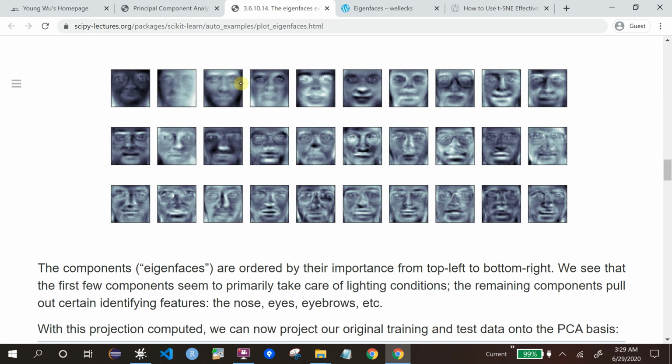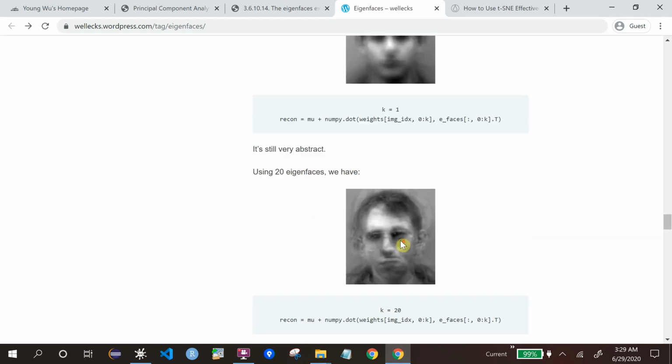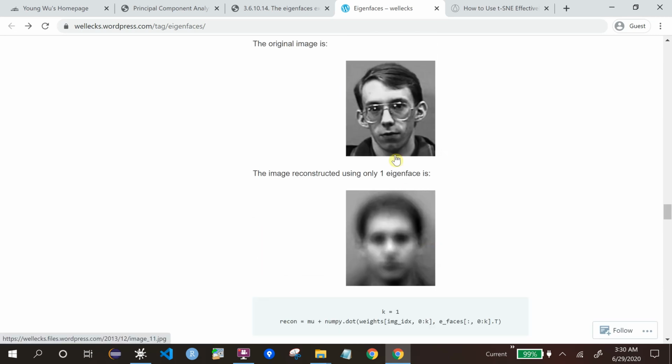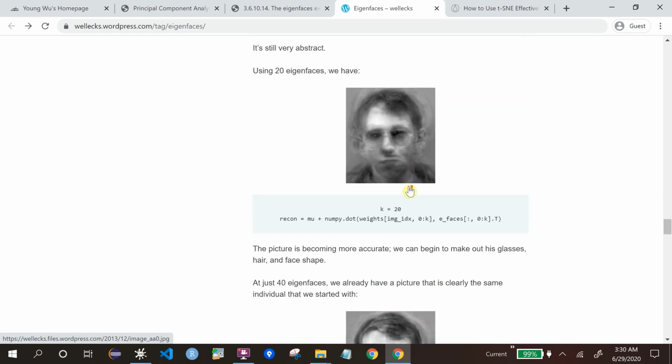It may be hard to believe, but let's actually look at the example. Suppose the original image is like this. If you only use one eigenface, so I think it's on a different data set, that's why it looks different, so the first principal component face. But in any case, if you only use one, then it looks like someone else. If you use 20, then it already somewhat looks like this person with kind of glasses here.